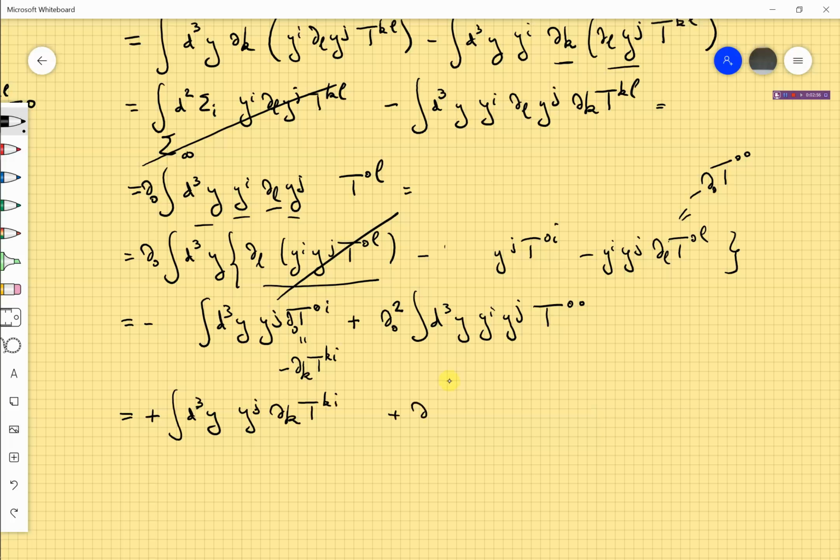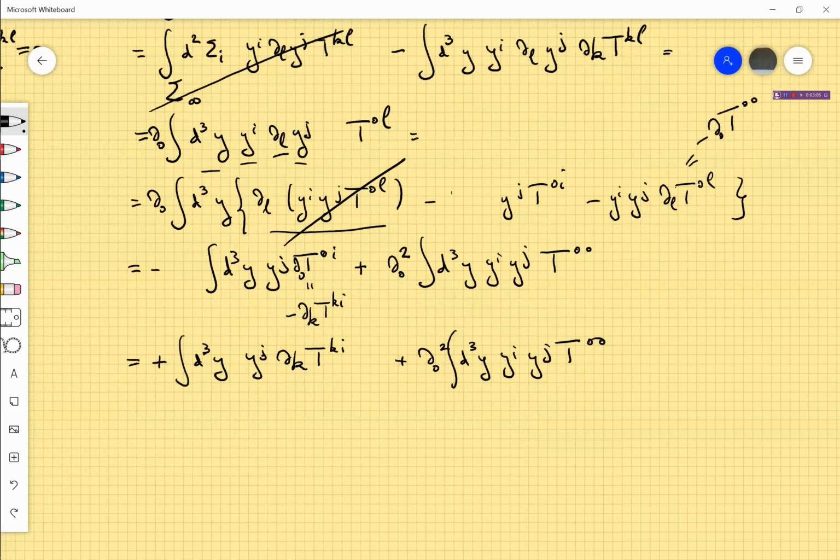This second term I write d3y yi yj t00. And here we do the same, we integrate by parts. Okay, we discard the total derivative because it will give us a boundary term, and so on.